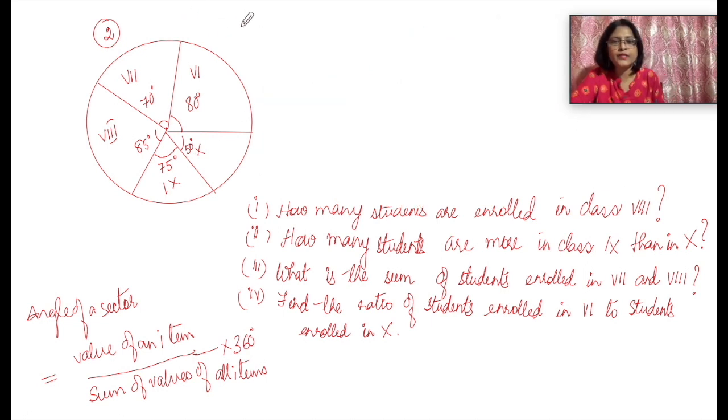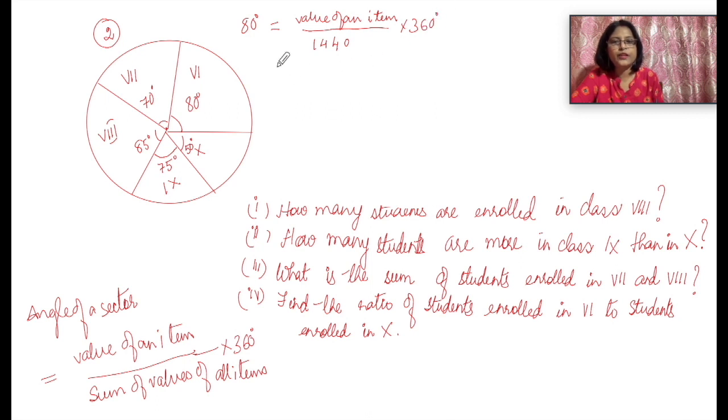So now for class 6, angle of this sector, that is 80 degree, equals value of an item. The value or the number of children is not known in that sector, but total number of children is known, 1440 into 360 degree.